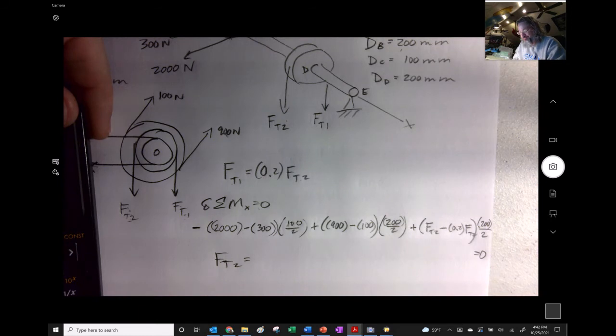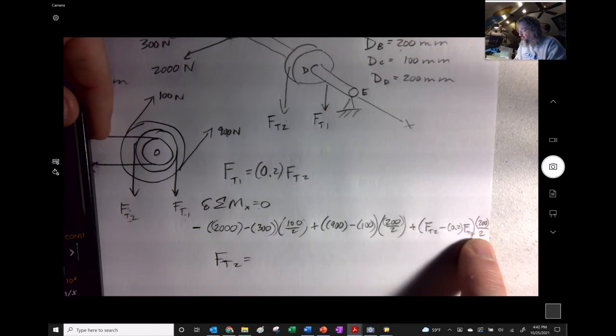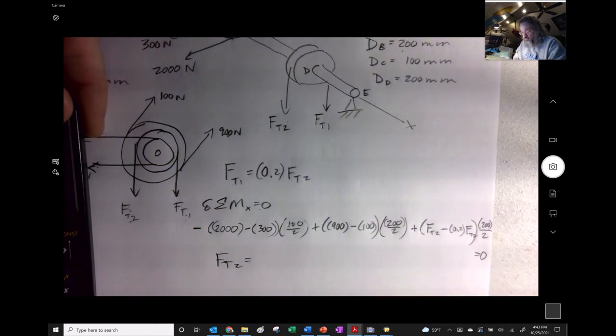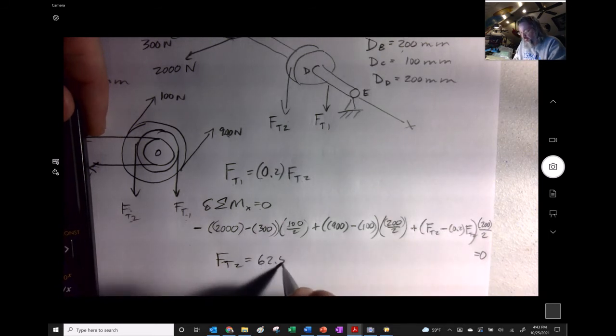Boom. All right. Now I want to divide by 100, if I have the dimensions correct. Yes. Divide there, sure. Now we'll divide by 0.8. Yes, I got 62.5, which is what I expected.